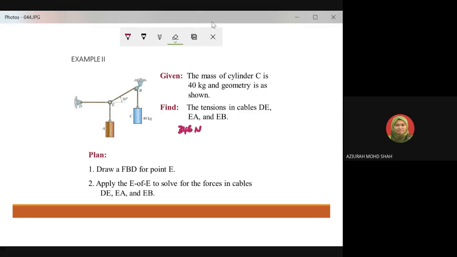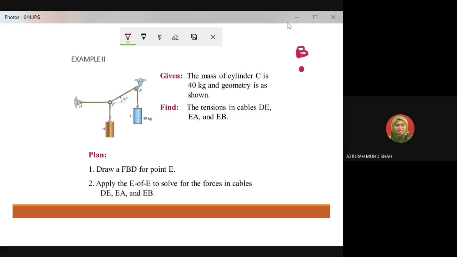Okay, kalau nak pakai triangle. Alamak, kenapa aku padam? Tak cukup ruang. Okay, untuk FBD, the main important is at point E. Tapi kalau daripada point B, kalau you nak lukis juga pun boleh. FBD untuk point B because it is involving pulley, right?